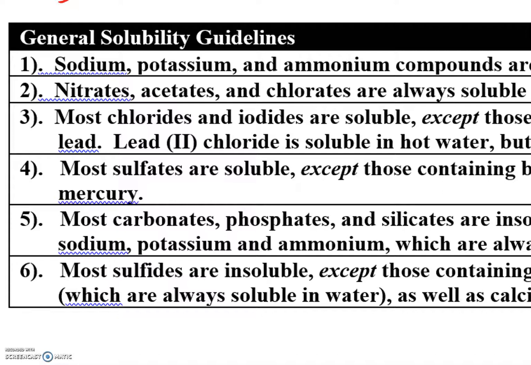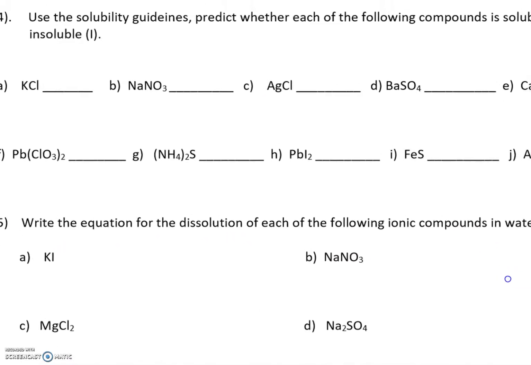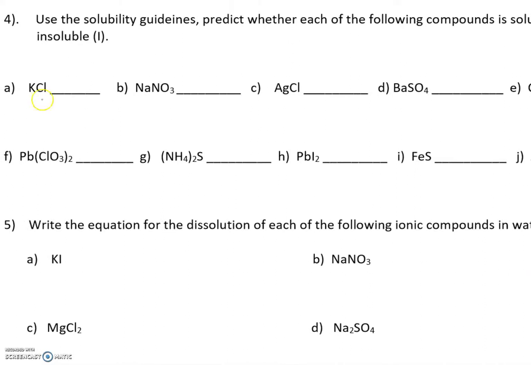Also, anything that has a nitrate, remember that nitrate is a polyatomic ion, and that looks like NO3, right? Acetates and chlorates are always soluble. So we can go right through this and we can say, okay, anything that's got potassium in it, this guy, soluble. Anything that's got a nitrate in it, that guy, soluble. Anything that's got ammonium in it, that guy, soluble.